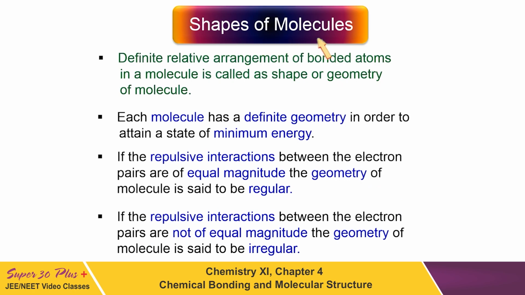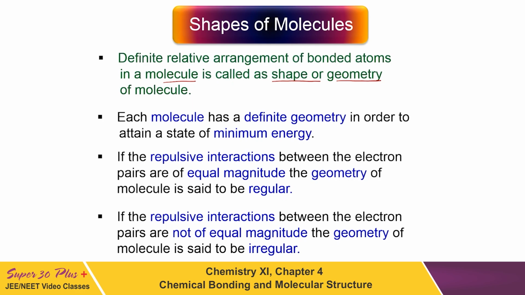The shape of a molecule is a definite relative arrangement of bonded atoms in the molecule, which is called the shape or sometimes geometry. Although technically shape and geometry are two different words, in this unit we consider them very equivalent to each other. Geometry belongs to the hybridization.